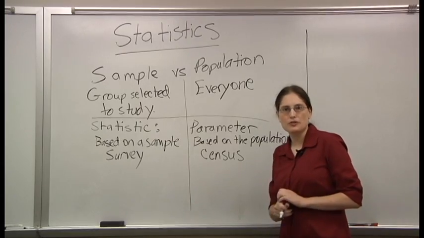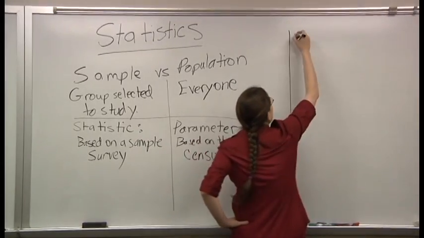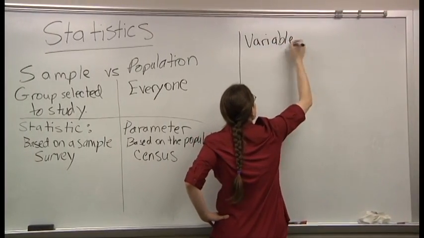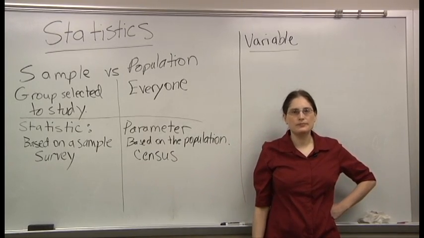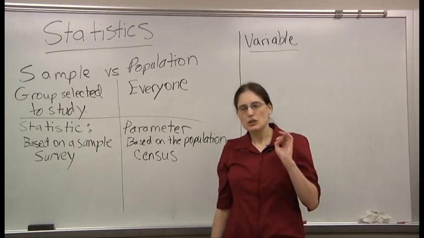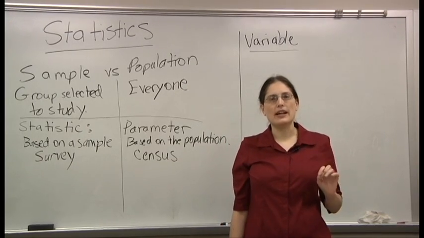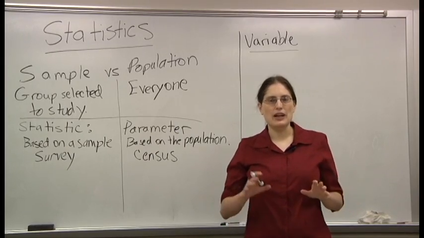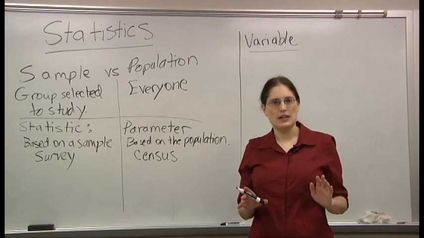A few more words for you. Variable. What's a variable? It's not quite like in algebra class. In algebra class, a variable is a letter that stands for a number and you got to solve for x. That's not quite what's going on here.